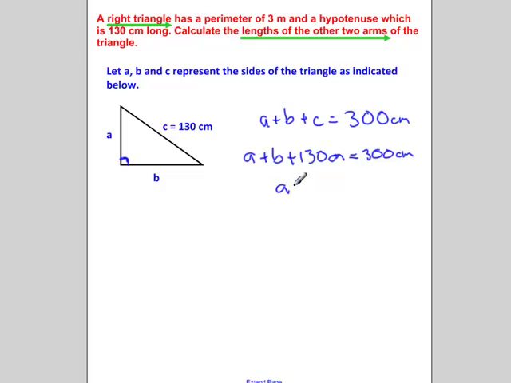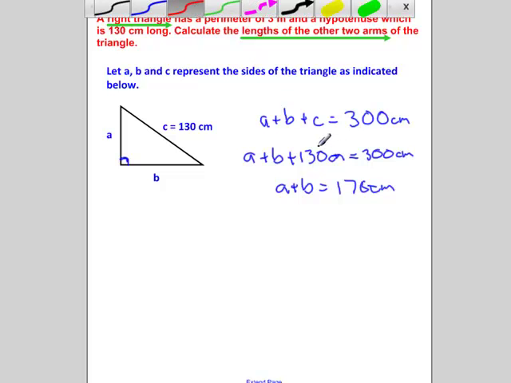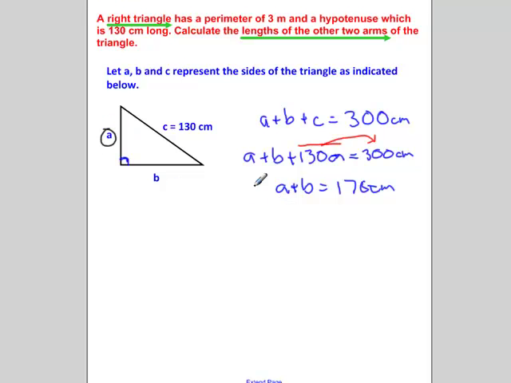So I'll have A plus B is equal to 170 centimeters. And all I did here to simplify was subtract my 130 centimeters to bring it over to the other side. So there we go. I've got one equation involving the 2 variables that I'm looking for. Keep in mind, I'm looking for the length A and the length B.